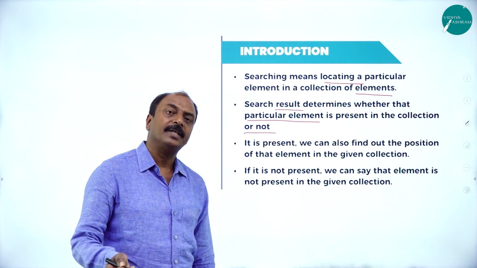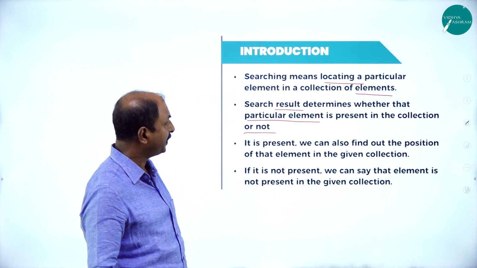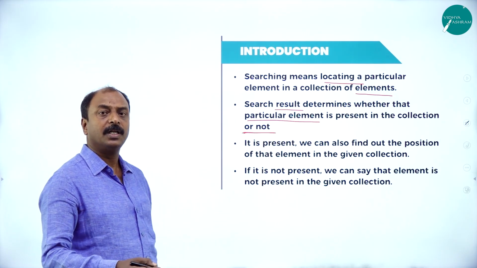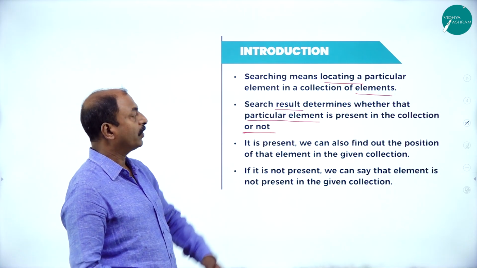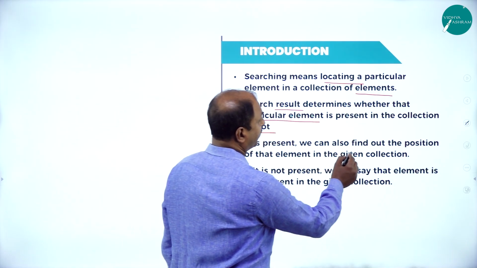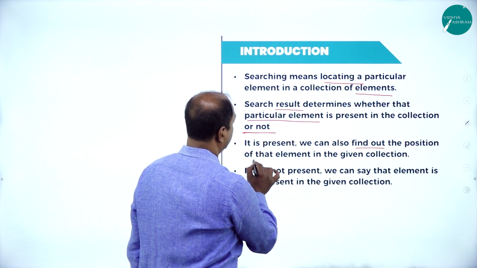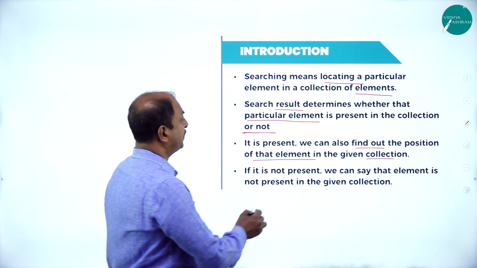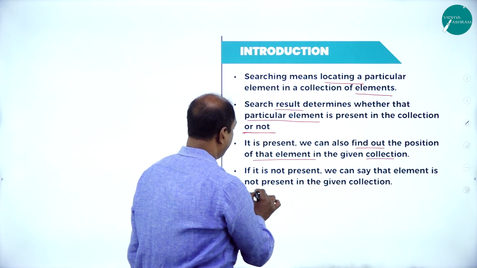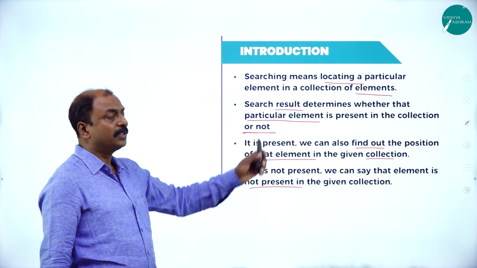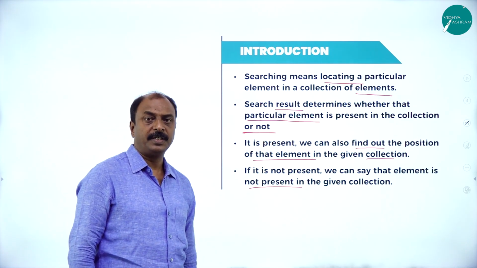And if the element is not present in the given list, then it results in element not present or not found. That is the algorithm for searching. If it is present, we can also find its position in the given collection. And if it is not present, we can say that the element is not present in the given collection. So this is the definition of searching in Python.